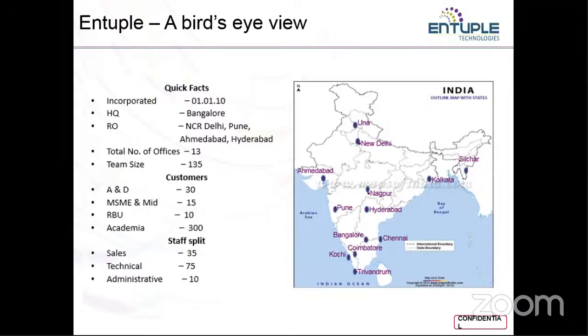The team size is over 135, with a staff split of 35 sales executives, 75 technical engineers, and 10 administrative staff. You can see the ratio: the number of engineers in the technical team is more than the sales team. That is how we describe ourselves.